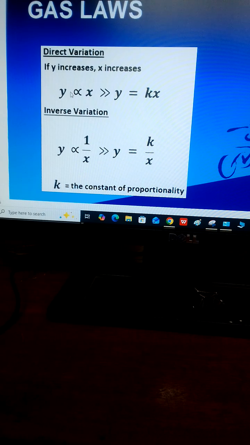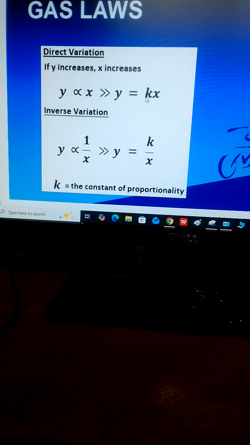Okay? That is, as y increases, x increases. As y decreases, x decreases. So we write it this way. It implies that y is equal to k times x. So from here, you write this. So this k is a constant.